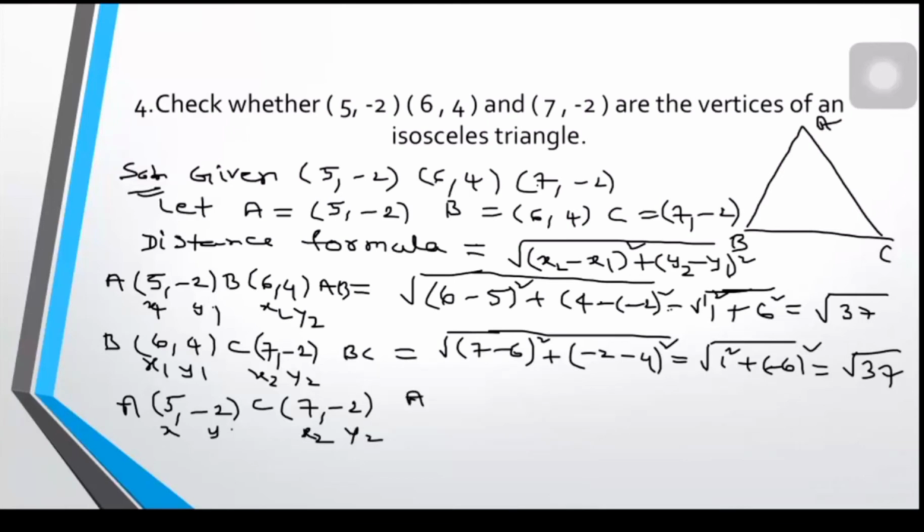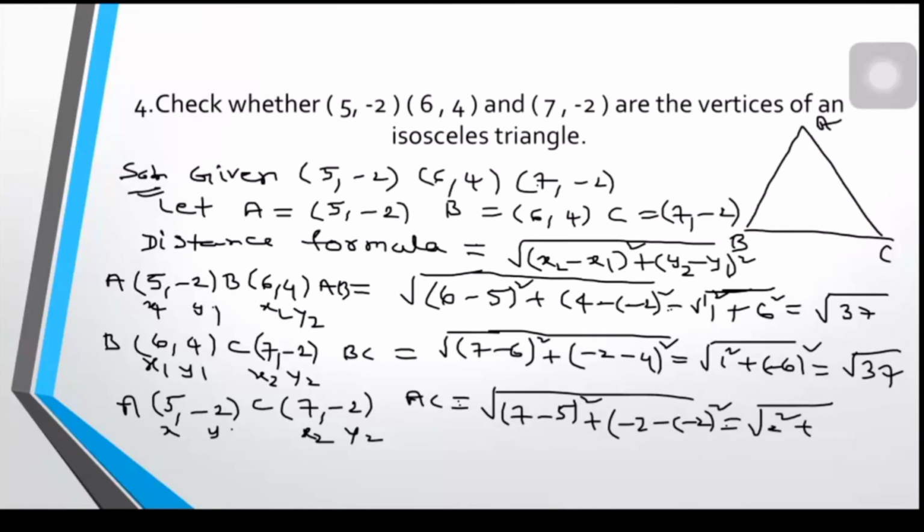So AC is equal to root of (7 minus 5) whole square plus (minus 2 minus of minus 2) whole square, equal to (7 minus 5), 2 square, plus (minus 2 plus 2) whole square, which is 0. Root 4 is equal to 2.